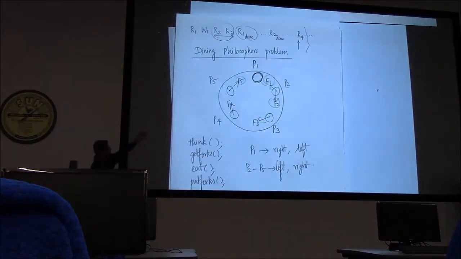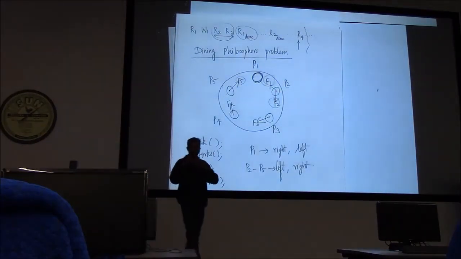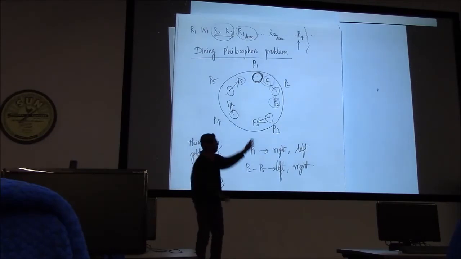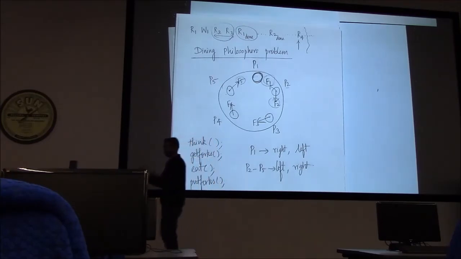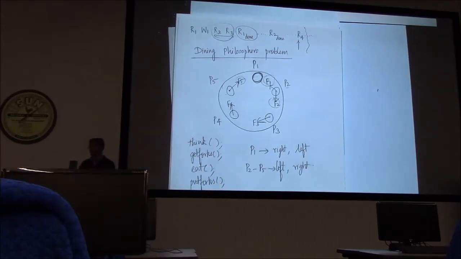Now P2 is able to pick up the right fork and make progress, and the assumption is that P2 picks up and then releases the 2 forks, and then P3 will be able to make progress. Just this simple thing of making one philosopher pick up the forks in a different order prevents deadlock in this case. All the philosophers can actually make progress. Any questions?